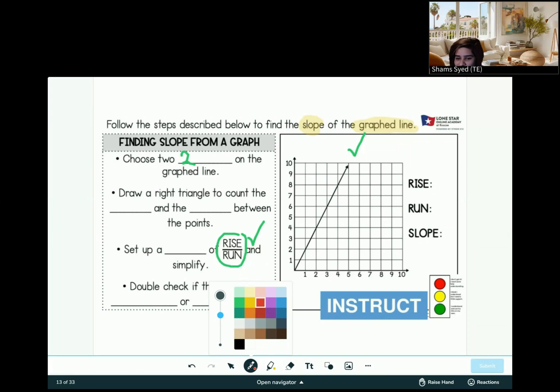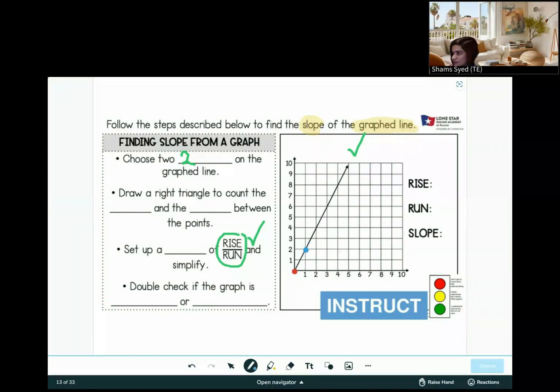My first point is a nice readable point at the origin. Notice everybody? It's a nice readable point at the origin, right? It's nice, neat. I can choose that. My other point is going to be the closest point, still readable. I will not choose far away points, the 2 points being too far away.